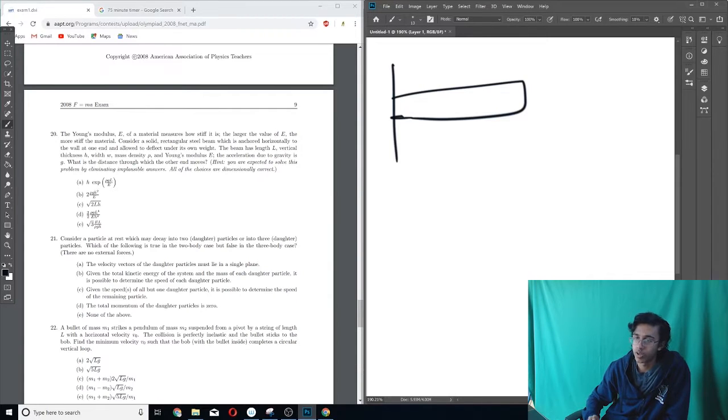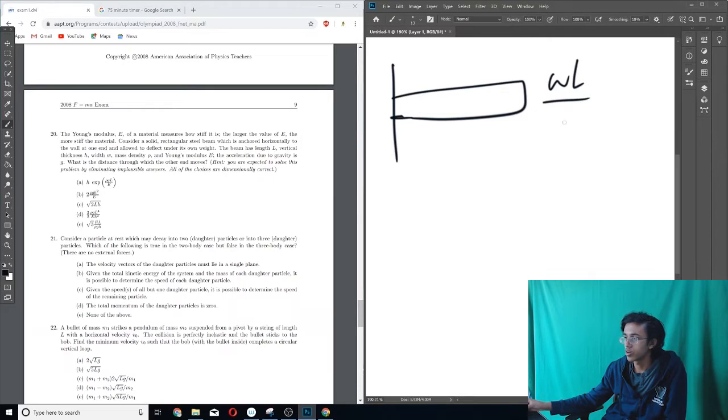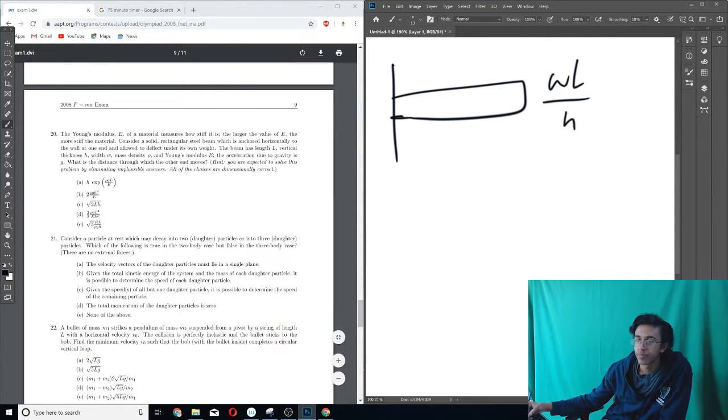If it's wider, so width's like how deep it is from us, I feel like that would increase the amount it moved, because that means it'd be heavier, so it'll fall down more. And then L for sure makes it move through more, because it's longer, it just tilts down at the end. Okay, so W and L are in the numerator. Wait, let's write this down. So W and L are in the numerator, H is in the denominator, and then rho.